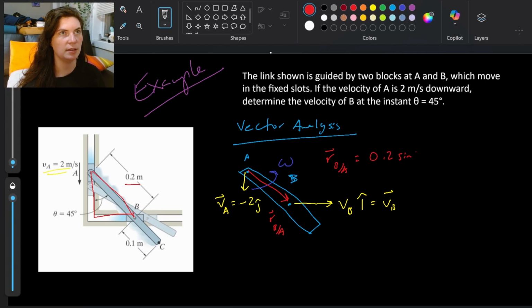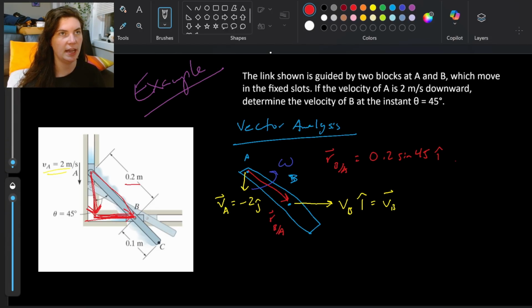So 0.2 times sine 45 is going to give me my x component of this vector, and my y component of this vector is going to be 0.2 times cosine 45. So I have 0.2 sine 45 i hat, and that's in the positive x direction.